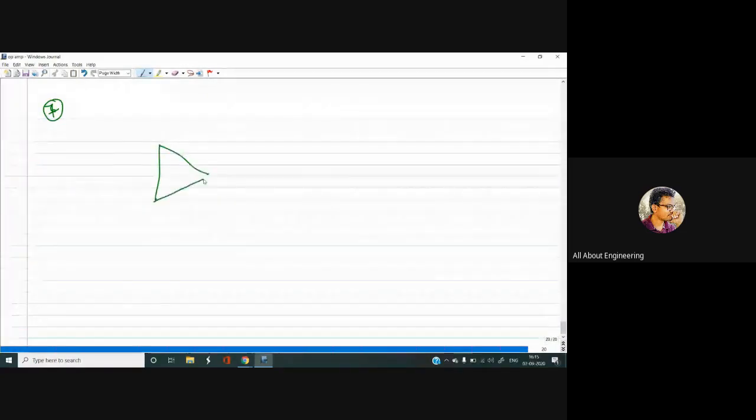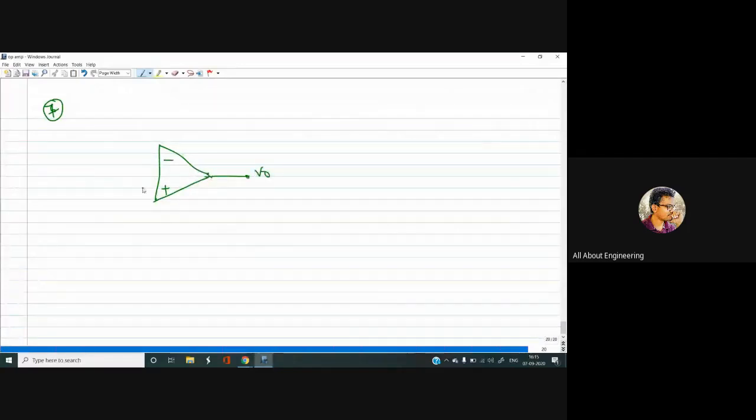There is a 1K here, this is 1K and this is 1K. 3 volts is connected here, and 3K here. So you try to find the V naught value. What is the value of V naught?